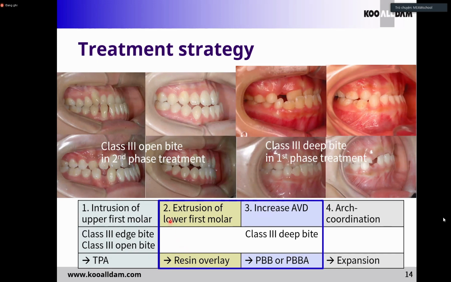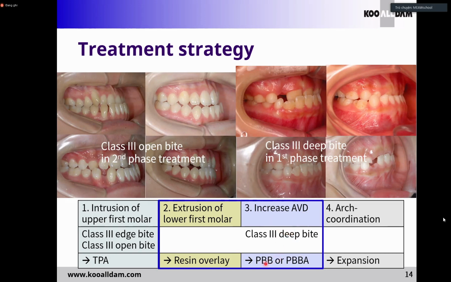Among these, especially the second, extrusion of the lower first molar, we can achieve this through resin overlay. And also, we want to increase anterior vertical dimension, especially in class 3 deep bite cases.